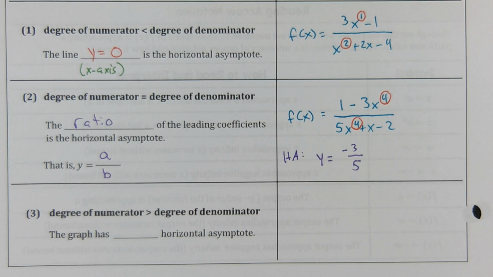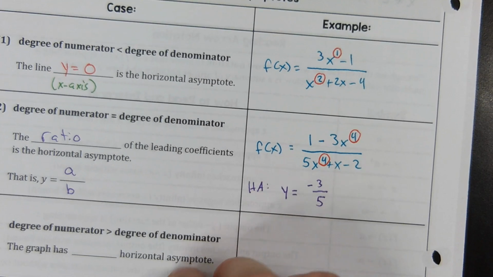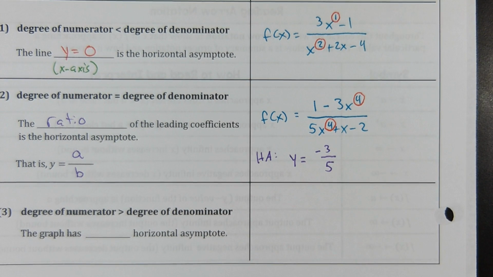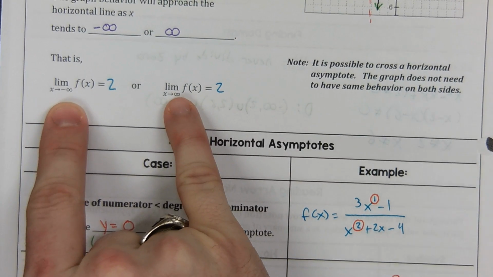Could they ever actually equal that number? Yes, they could, because you're allowed to cross over horizontal asymptotes. The point is that it would probably happen somewhere close to x equals 0. Close to it, not dead on it, but close to it. But what's happening at the far infinities, that's what we're discussing here.